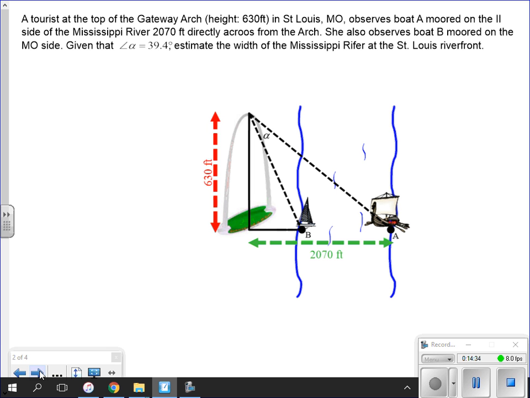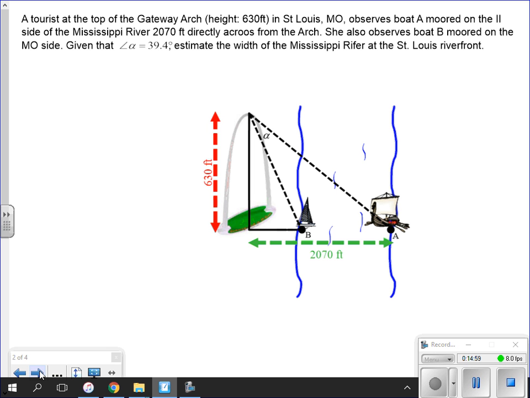A tourist at the top of the Gateway Arch, height 630 feet, in St. Louis, Missouri, observes boat A moored on the Illinois side of the Mississippi River. That's I-L, Illinois, capital I, lowercase l. It is 2,070 feet directly across from the arch.